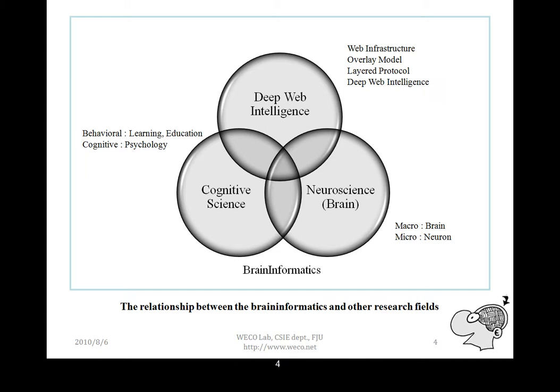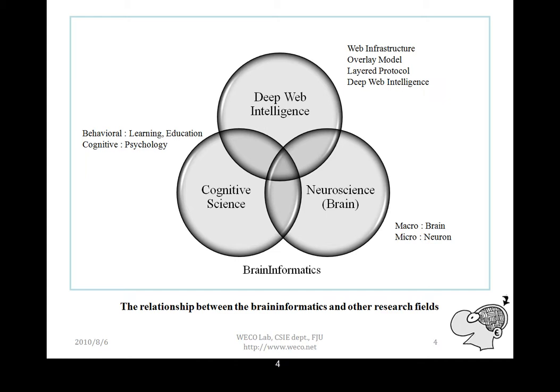Cognitive science talks about the higher level functions of the human brain, like behavioral learning and education, or cognitive psychology. We also need to study neuroscience, which talks about the lower level, the physical structure of the human brain.